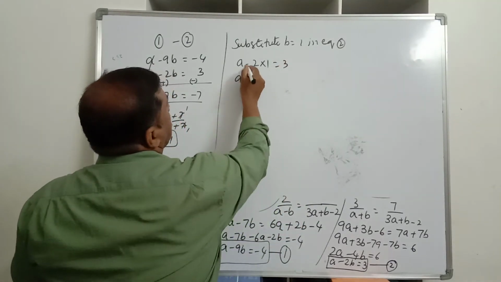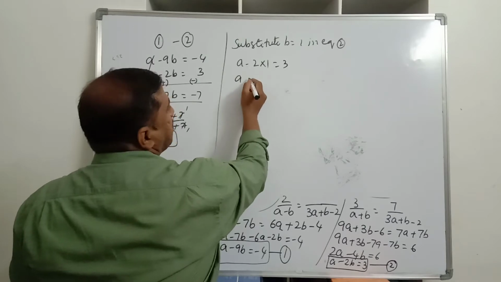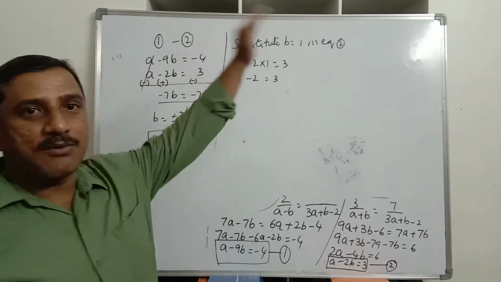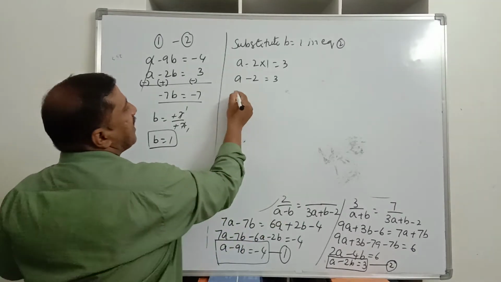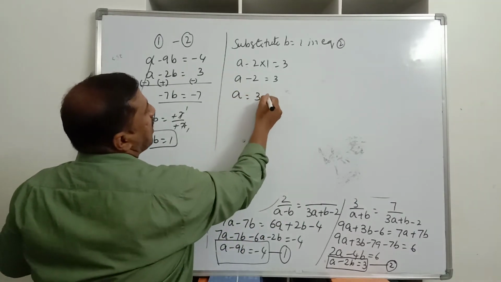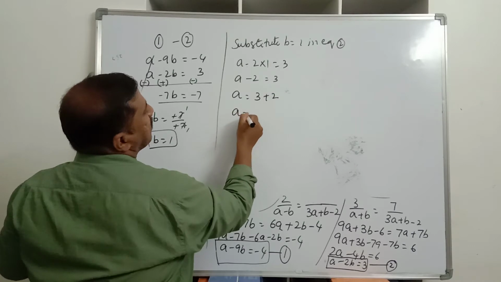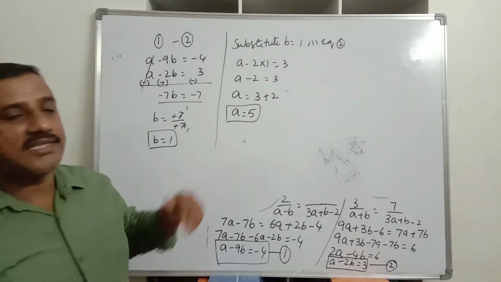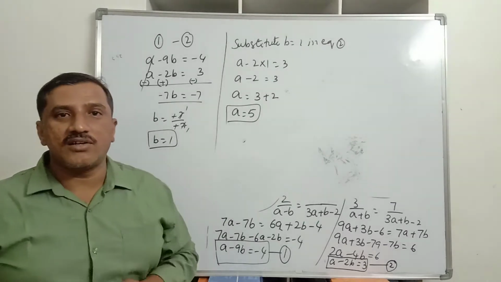That is a minus 2 into 1, which is 2, so a minus 2 is equal to 3. Transpose minus 2 to the RHS, then we get a is equal to 3 plus 2, that is a is equal to 5. So what are the values of a and b? a is equal to 5 and b is equal to 1.